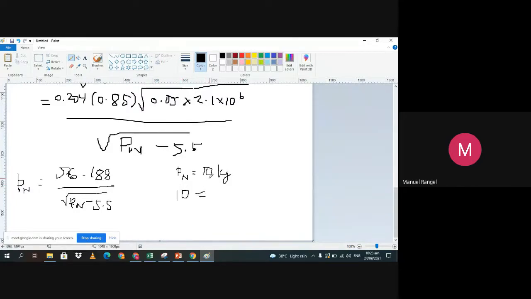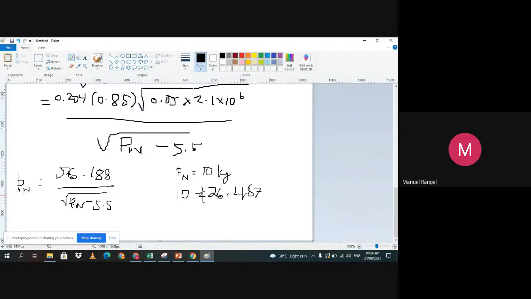So substitute this value into this equation: 56.188 divided by the square root of 10 minus 5.5. That is 26.487. So that is not equal to 10, no?